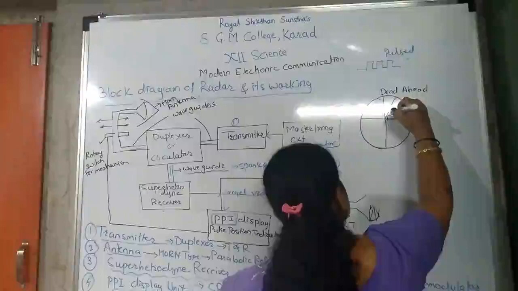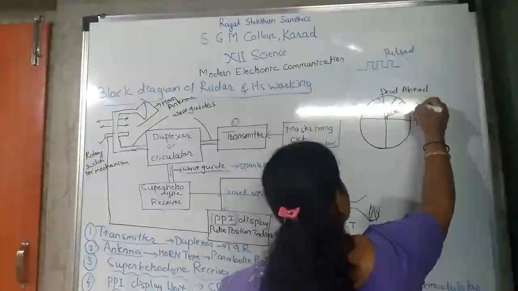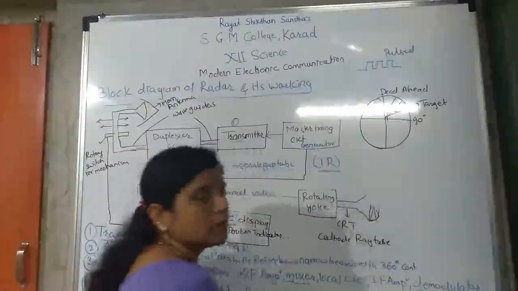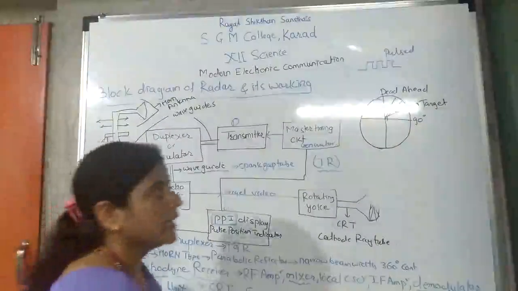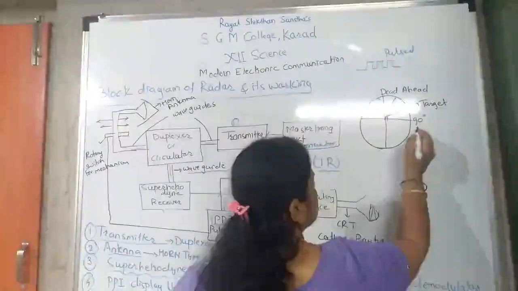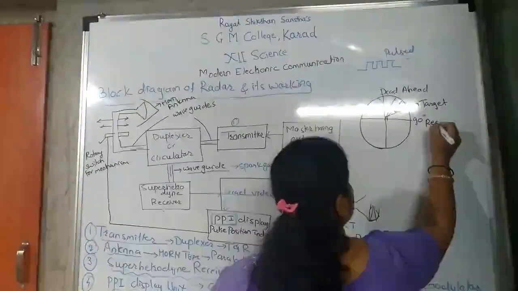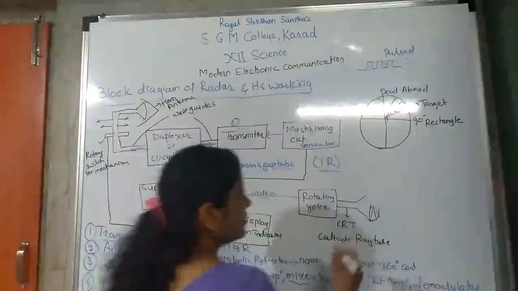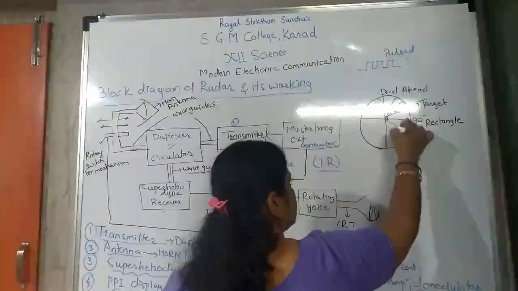Suppose here is the target of the signal. Target of the signal, and the angle is 90 degrees. Rectangle. And what happened here?